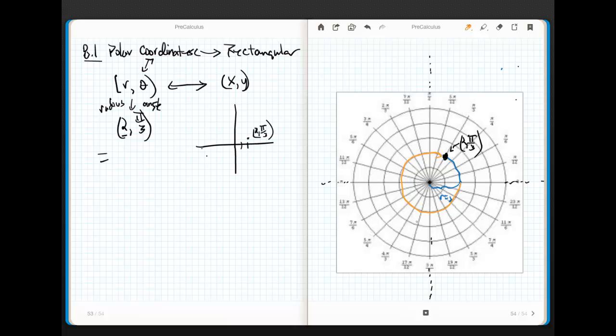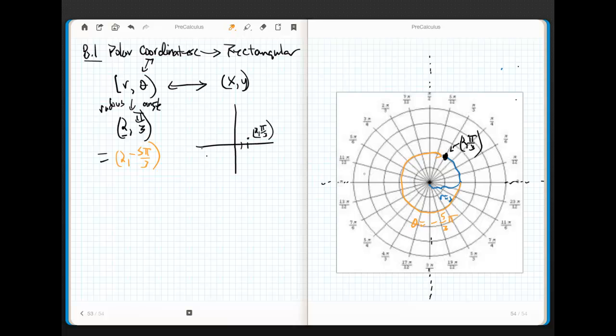Well, what angle measure is that? That's what theta equals. Well, I went in a clockwise direction, so it's got to be negative, right? So what, negative 5 pi thirds? That implies that I could just as easily rename this point as 2 comma negative 5 pi thirds, right?